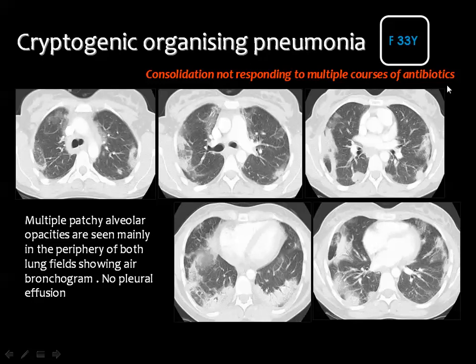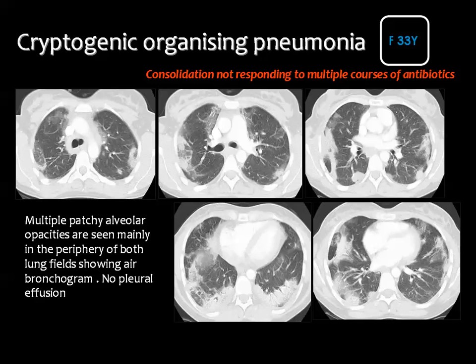You remember with acute eosinophilic pneumonia, I said that if you see multiple patchy opacities in the lung suggestive of pneumonic consolidations and the patient is not responding to many courses of antibiotics, then you may think of one of two. The first one is acute eosinophilic pneumonia, diagnosed by the presence of eosinophils in the blood picture and eosinophils in the bronchial lavage.